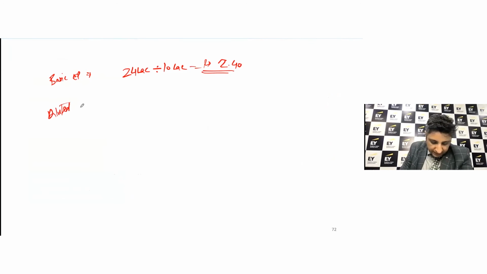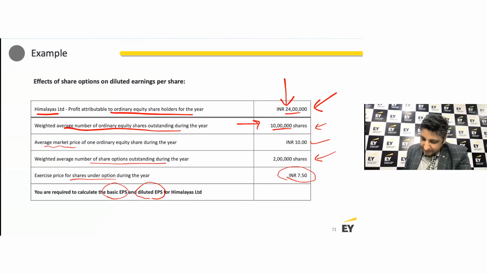The moment we look at the diluted EPS, the easy path is: my average price is 10 rupees and my exercise price is 7.5 rupees. So essentially the delta is 2.5 rupees.